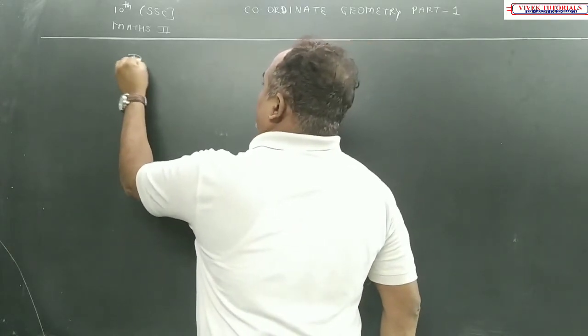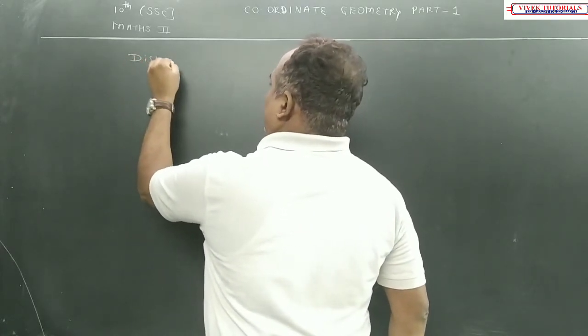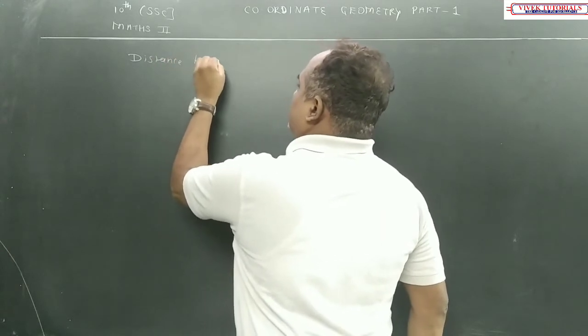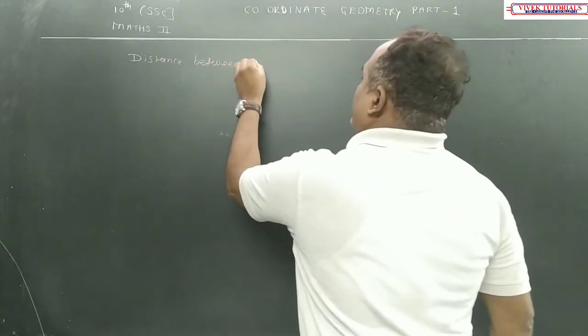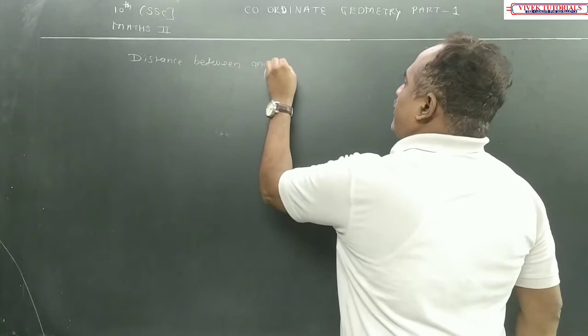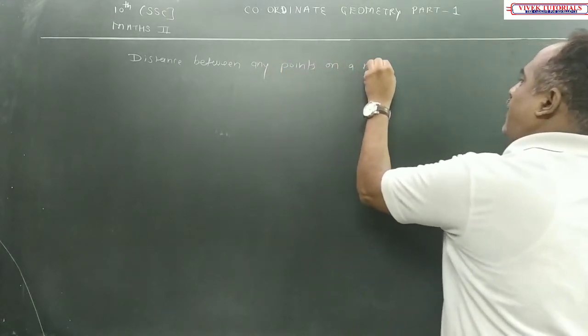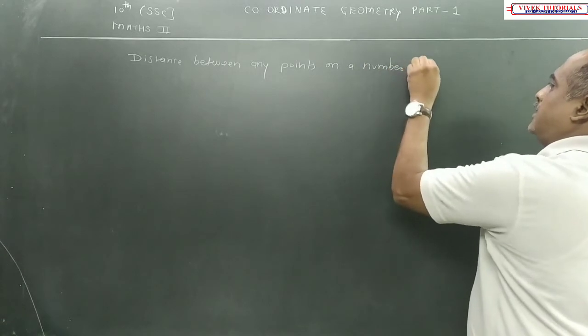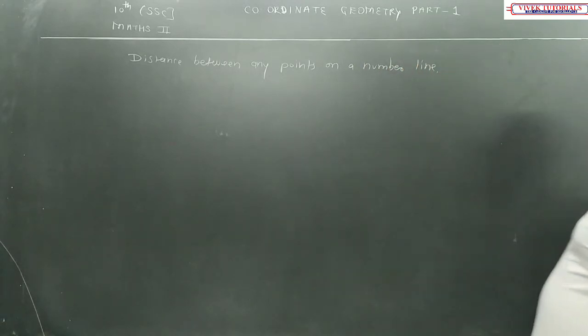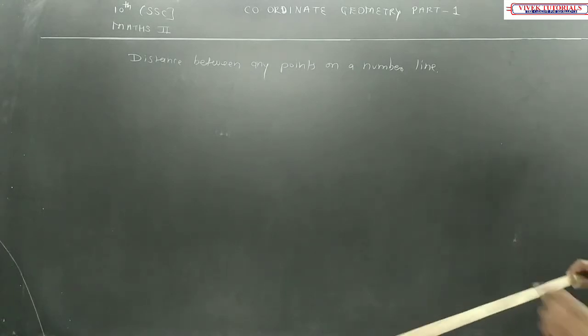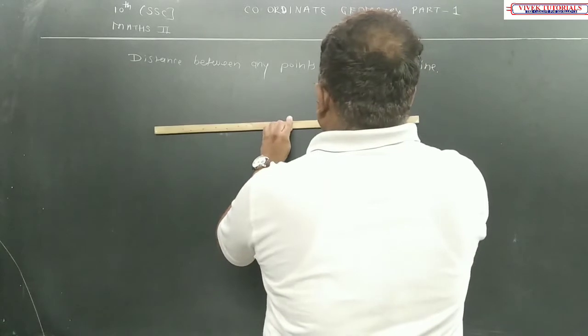The revision: distance between any 2 points on a number line. Correct? Any 2 points on a number line. So first of all, we'll draw a number line.